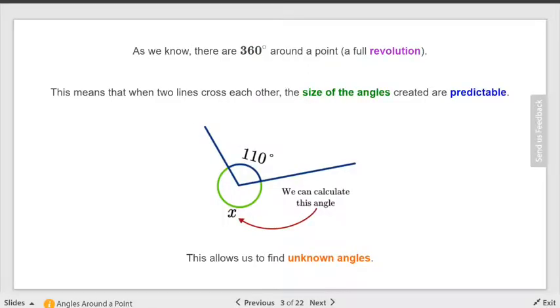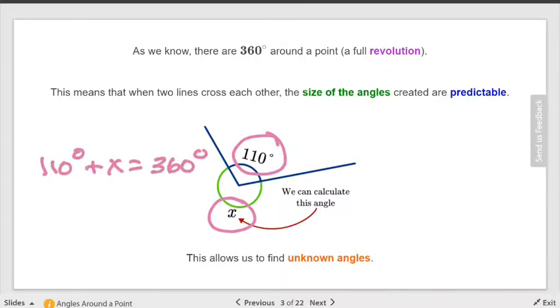Remember that a full revolution is 360 degrees. That means when two lines cross each other, the size of the angles are predictable. If you know the inside angle here is 110, we also know the outside angle, because the inside angle and the outside angle have to add together to make 360 degrees.